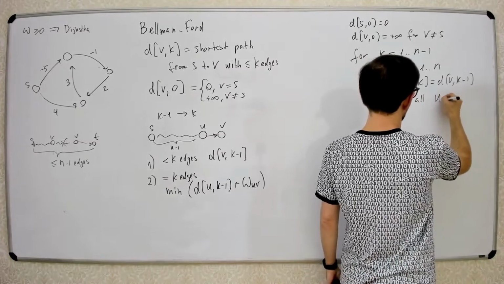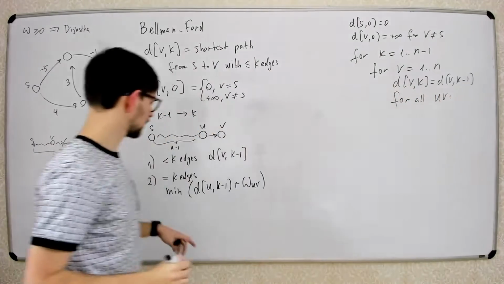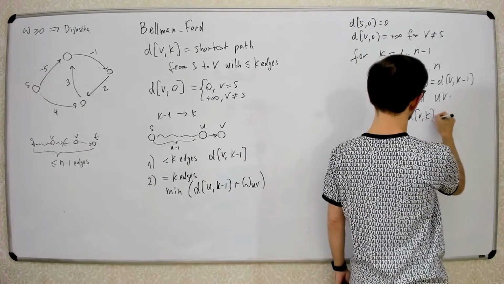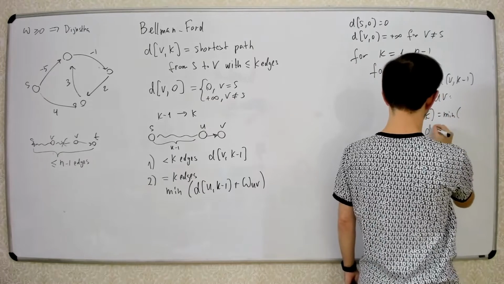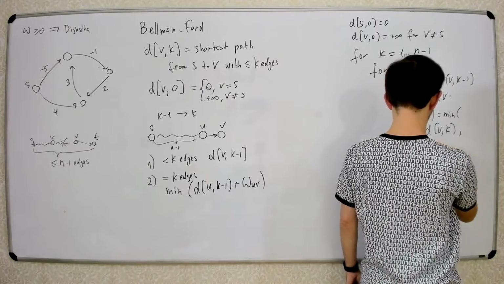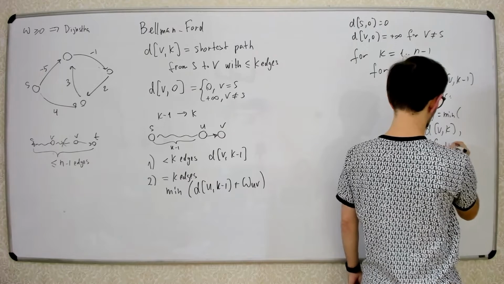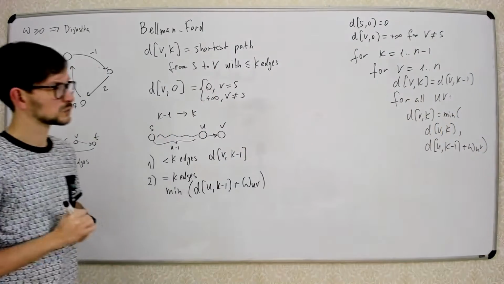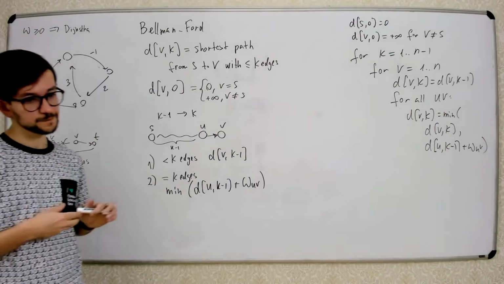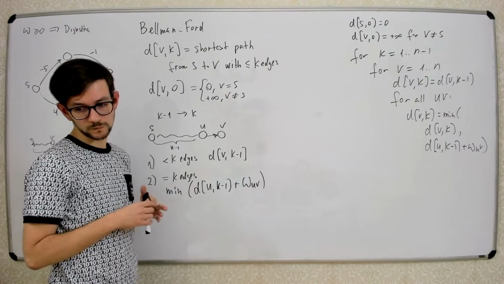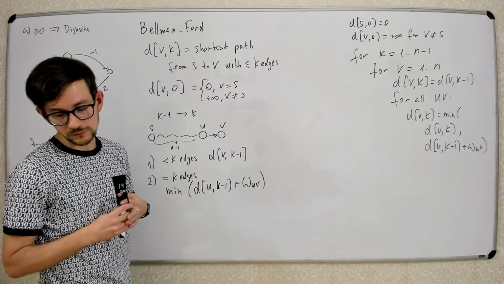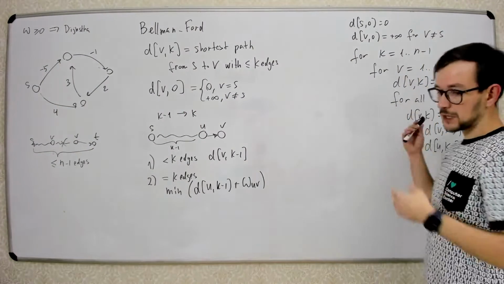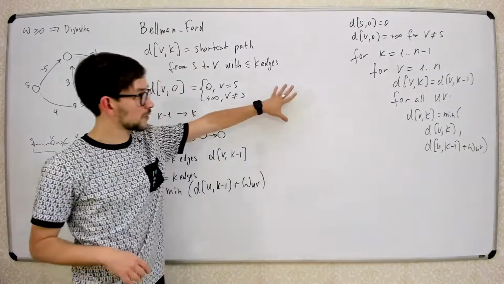For all edges uv, we implement this minimum: d_u^(k-1) plus weight, like this. Cool. That's basically the whole algorithm. So that's the whole Bellman-Ford algorithm.